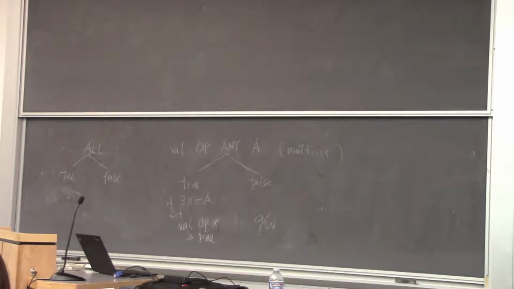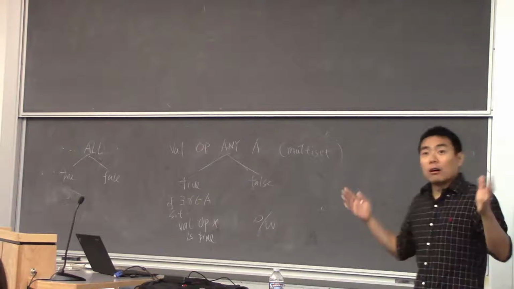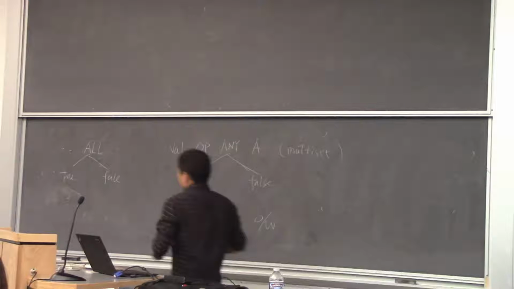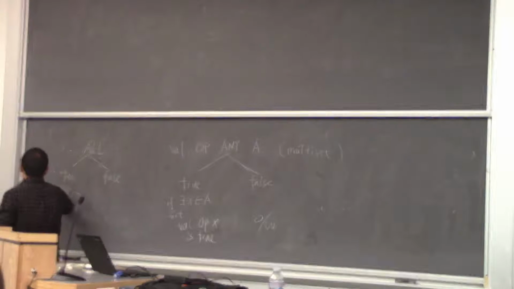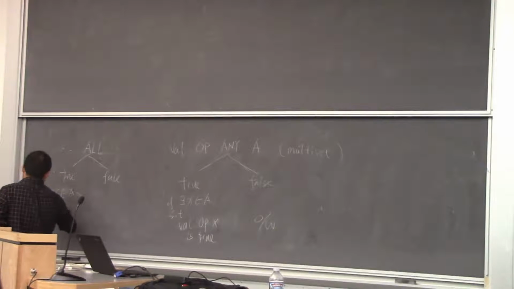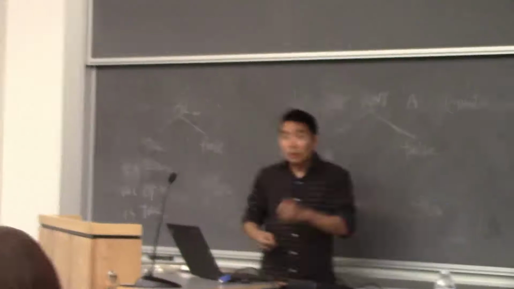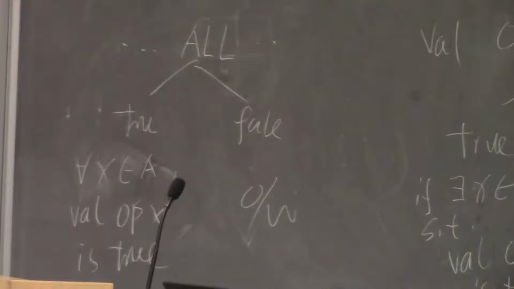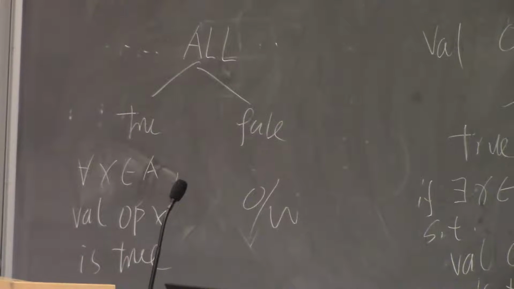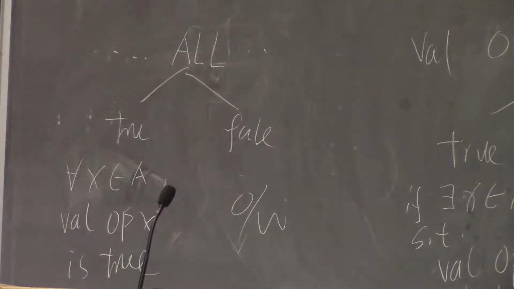In SQL, ANY means for any one of you, so for at least one of you. And what about ALL? Then you use ALL. It's defined as follows: for any x in A, this expression must be true in order for the expression on top to be true.